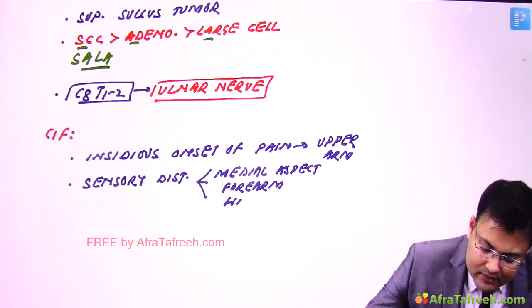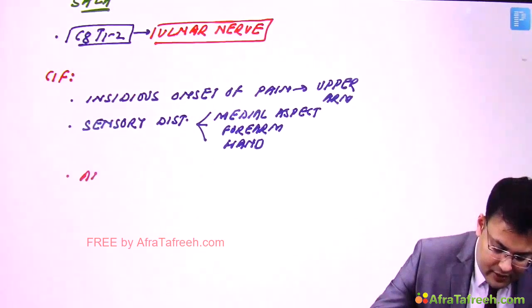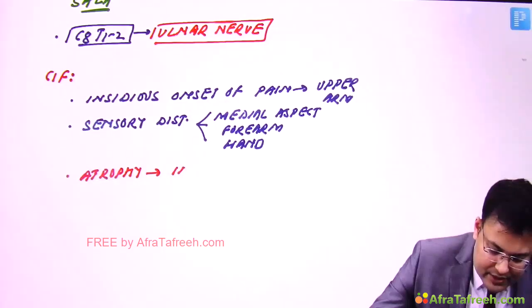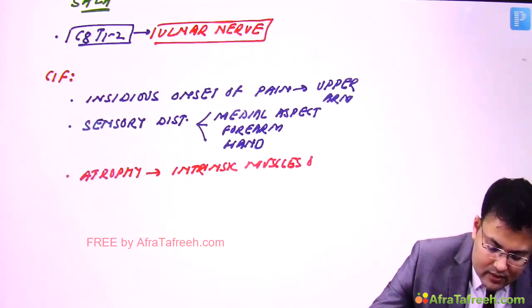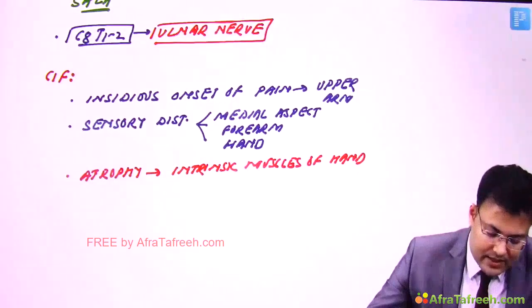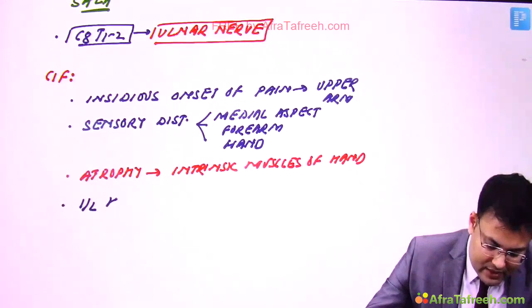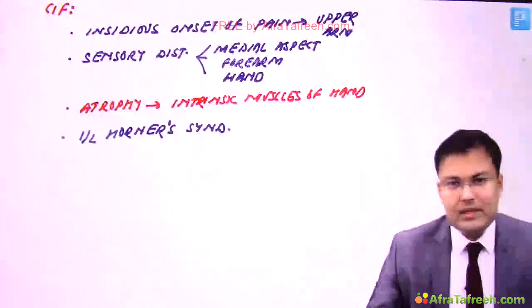Clear? And if we examine, there is atrophy of intrinsic muscles of hand. These muscles are supplied by ulnar nerve. And there is atrophy over the hypothenar aspect. Simultaneously, these patients also have ipsilateral Horner syndrome if there is involvement of cervical sympathetic trunk. Simple. These are the manifestations.